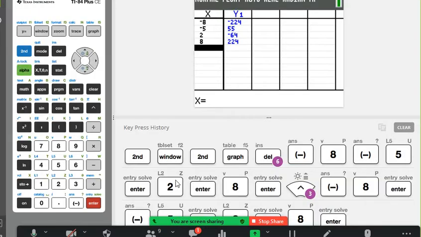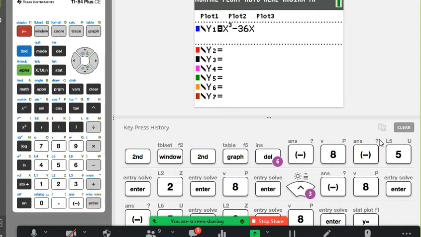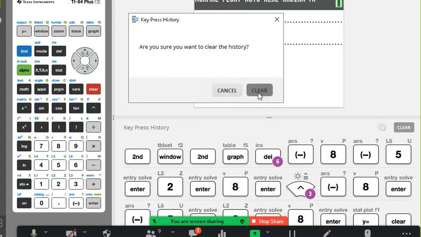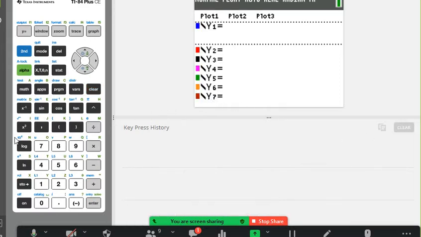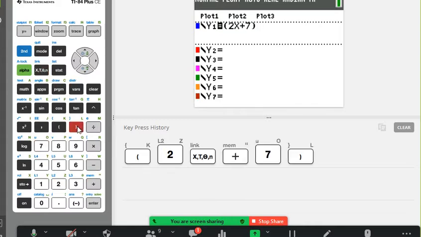Let's put those expressions into our calculator. So let me go up here to the y equals key. I'm going to clear this stuff out. Now, as you put this into your calculator, in the numerator, you're going to need to use parentheses. Left parenthesis, 2x plus 7, and then close parenthesis.